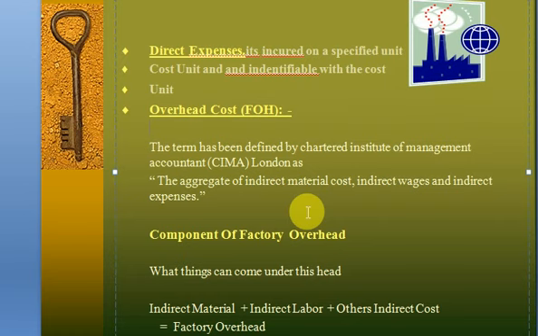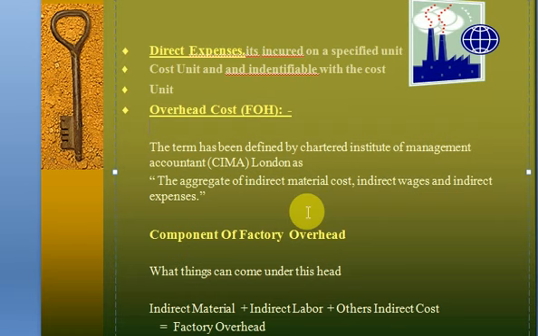So here the factory, warehouse, and showroom are cost centers. Cost center means the place where the costs are actually incurred.